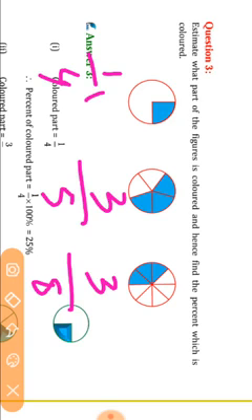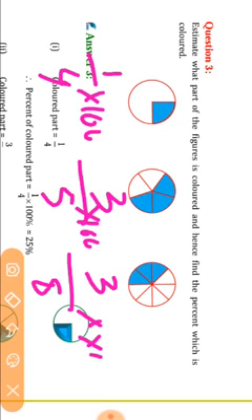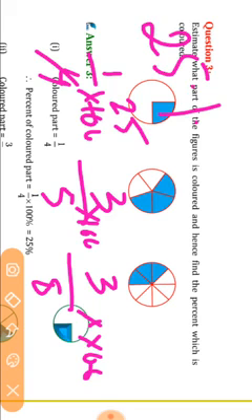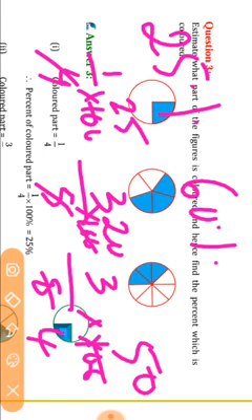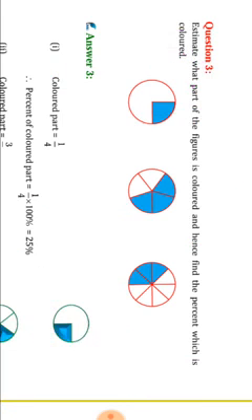Just multiply each with 100 and simplify. 4 ones are 4, 4 25s are 100, so it is 25%. Then 5 20s are 100, 3 20s are 60, so 60%. Then 100 by 8: 2 50s are 100, 4 ones are 4, 1 remains, 2 8s... so multiply with this and you'll get the percentage.